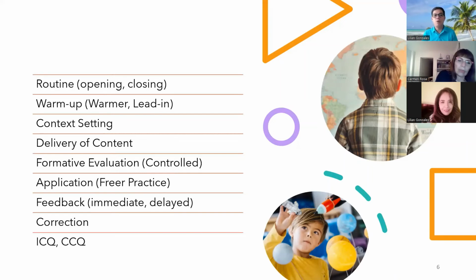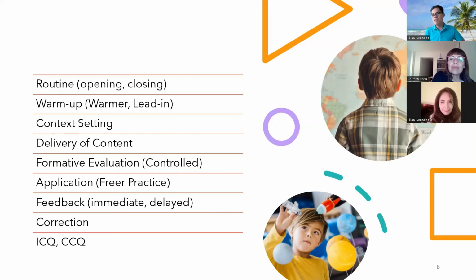Through feedback, we can have immediate or delayed feedback. Immediate is when the student is giving you an answer and you give them a thumbs up, so right away he got the idea that he's doing good. But if a student is giving an answer and you say, I'm sorry, can you say it again? Can you paraphrase your answer? That's a feedback that there's something wrong.